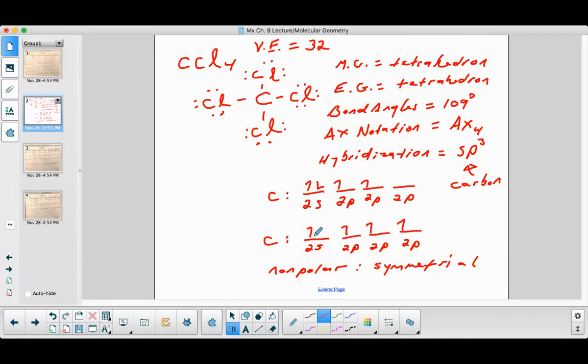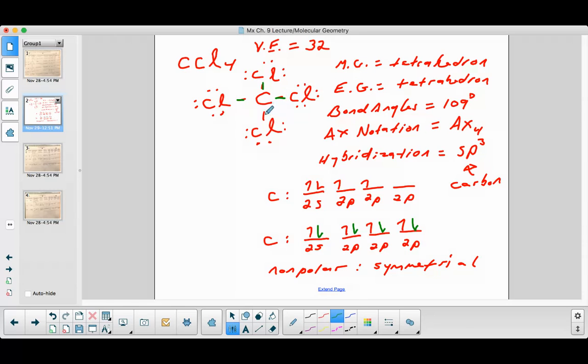And so now I have created 4 half-filled bond sites. So what happens is that when the chlorine comes along to bond, it's going to put 1 electron there, 1 electron there, 1 electron there, and 1 there. And it's those 2 electrons in each of those orbitals that create these bonds here.